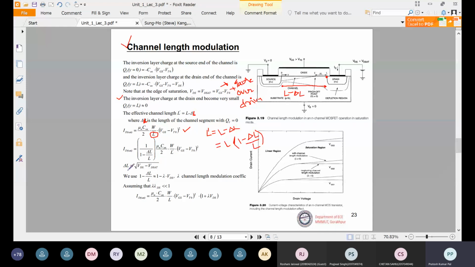So here one more point we need to see, this delta L. Whatever delta L is there, that will be directly proportional to the square root of VDS minus VDsat.